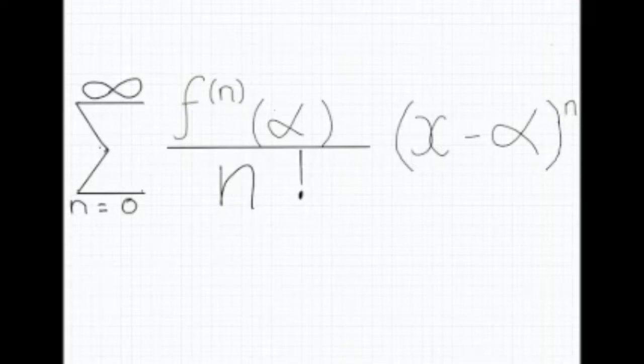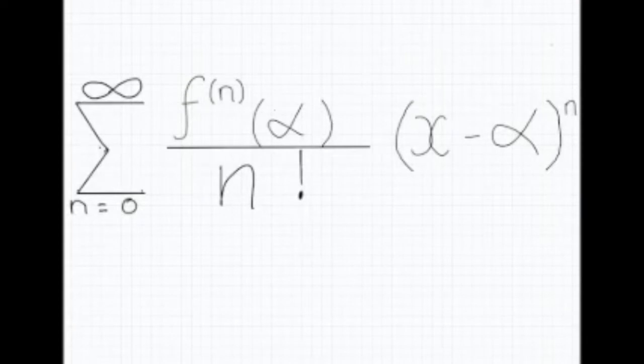So the function will be matched most closely by the Taylor series at the point alpha and in the area immediately around it. The definition of the Taylor series is the sum from n equals 0 to infinity of the nth derivative of the function evaluated at alpha over n factorial times x minus alpha to the nth power.